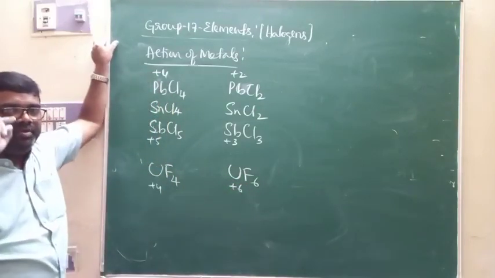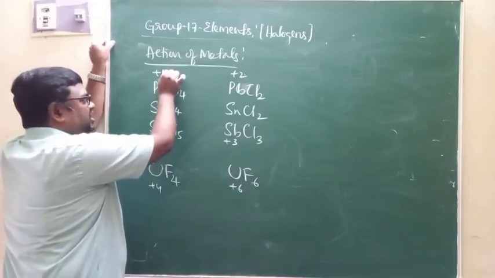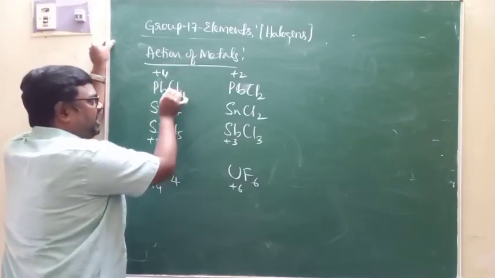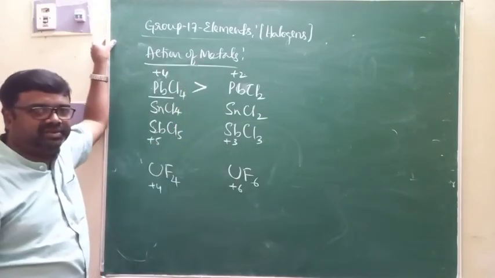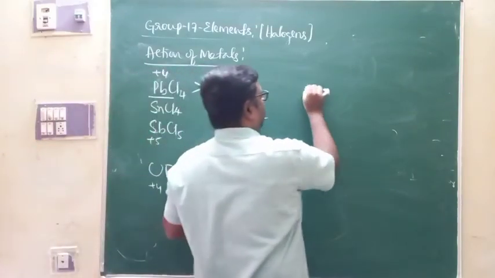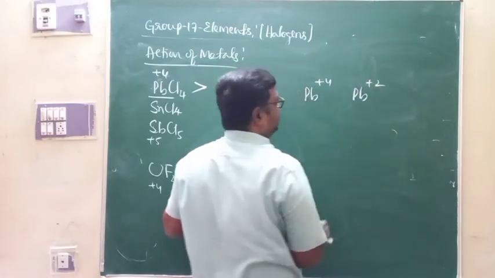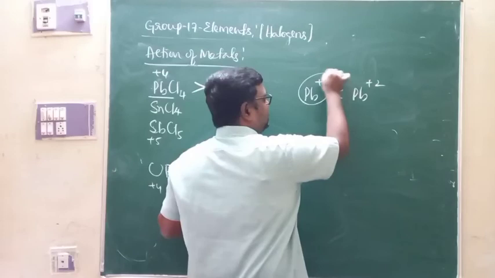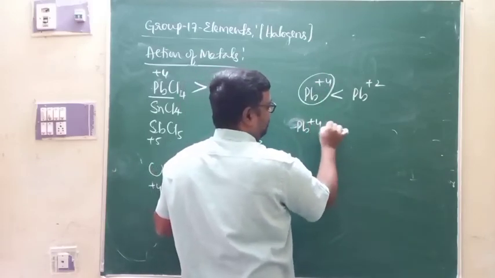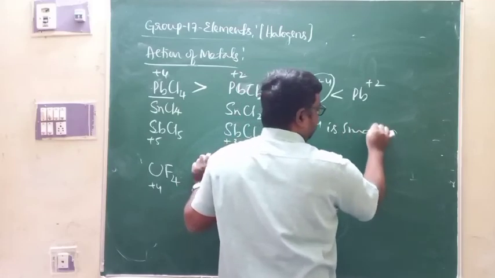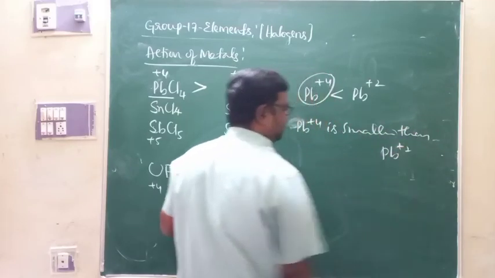If a metal exhibits more than one oxidation state, then that metal in the highest oxidation state will form covalent compounds. So PbCl4 is more covalent than PbCl2. Because out of Pb+4 and Pb+2, which is smaller? Pb+4 is smaller than Pb+2.